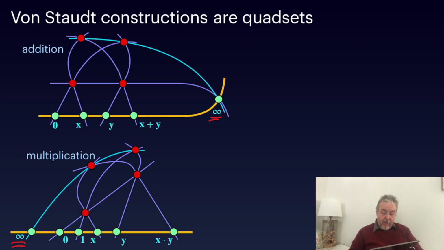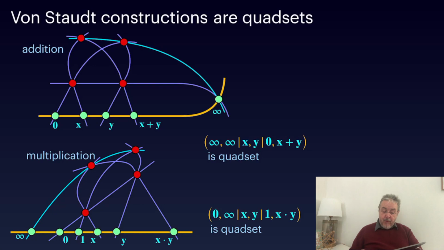And again, we have a construction of 6 green points on the green line that arise from having 4 points, all possible connecting lines, and the 6 intersections. So again, we have a quadrilateral set. So take home message, in both cases we can recover the von Staudt constructions as quadrilateral sets.